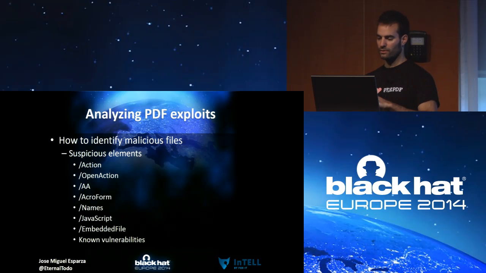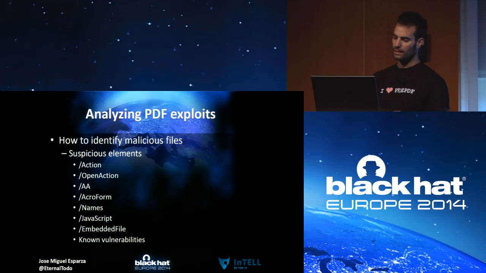You can do that with the AA element, that's additional action element, and also with the action. But you can execute also, for example, JavaScript code with other elements using this acroform or the names. So all these things are highlighted as suspicious when you are analyzing a PDF file. So you can see, maybe I should take a look at this. Okay.